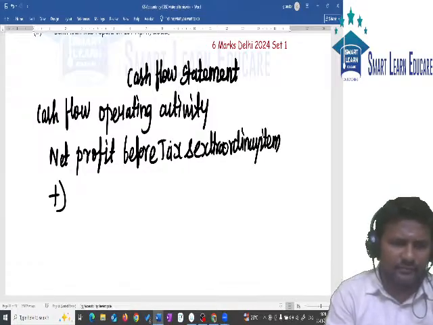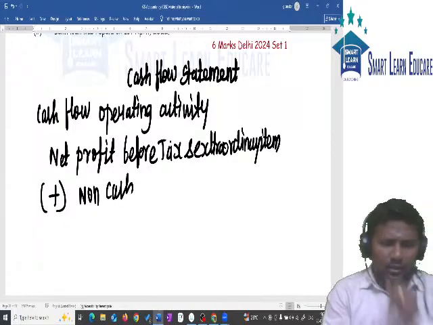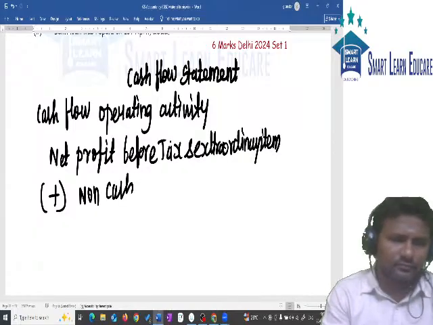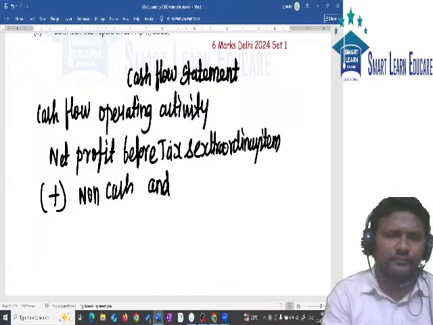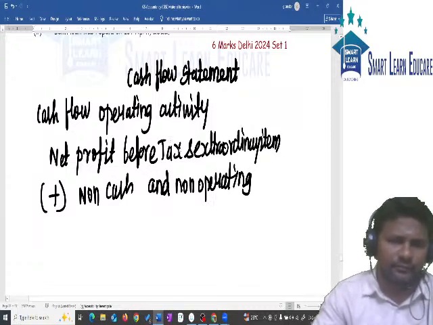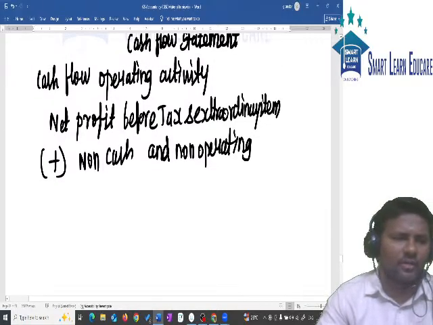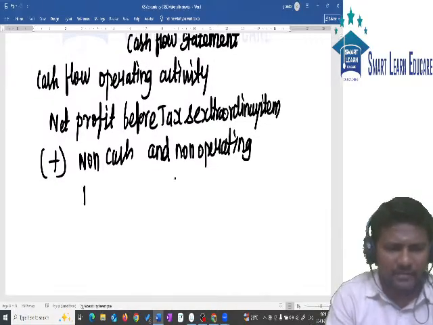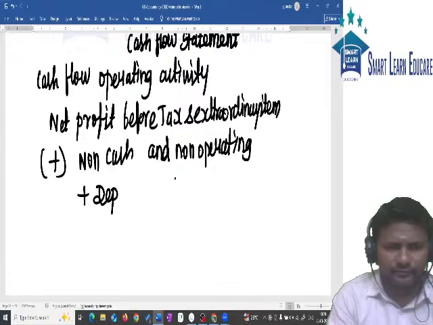Add back non-cash and non-operating items. Add back depreciation.